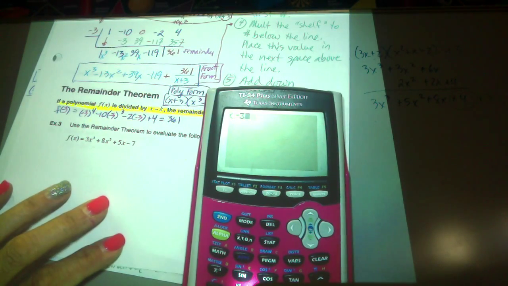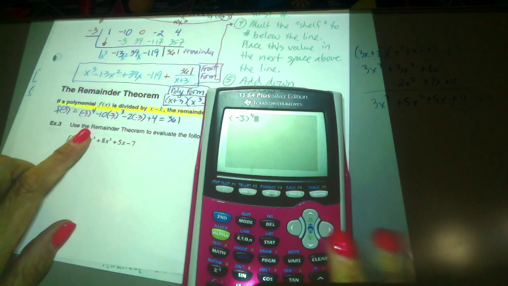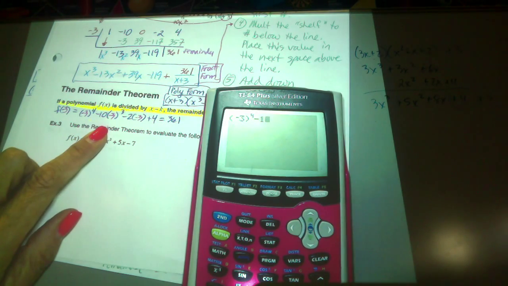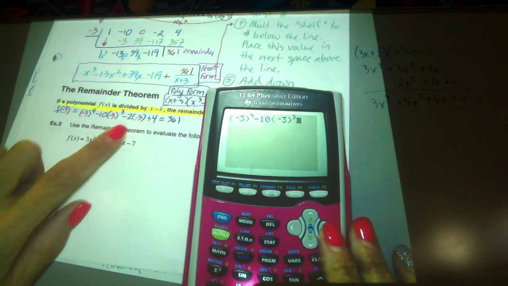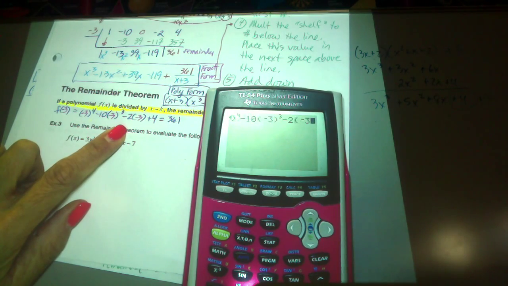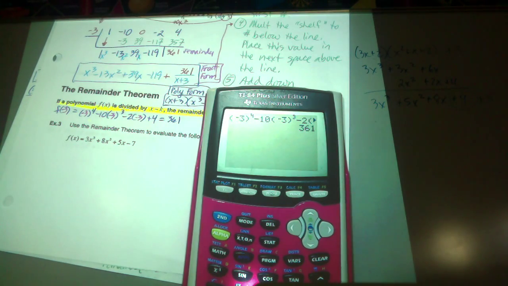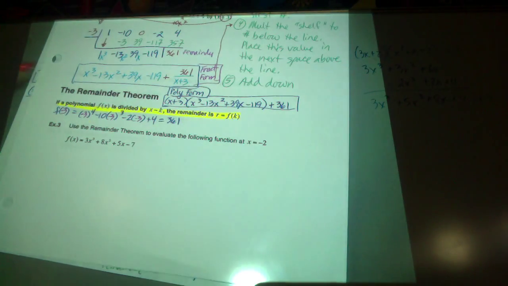So if I threw this in the calculator, which you wouldn't necessarily have used the calculator, minus 10 times -3 to the third, minus 2 times -3, and then plus 4. What was my result? 361.